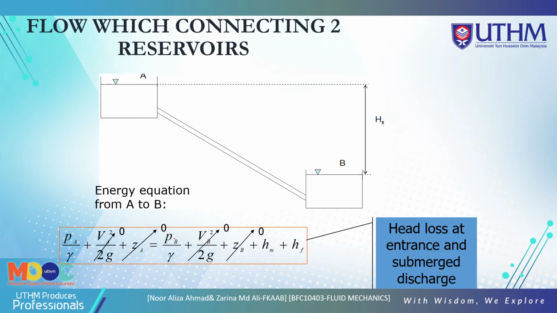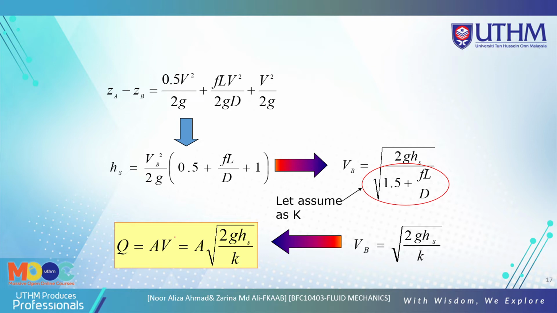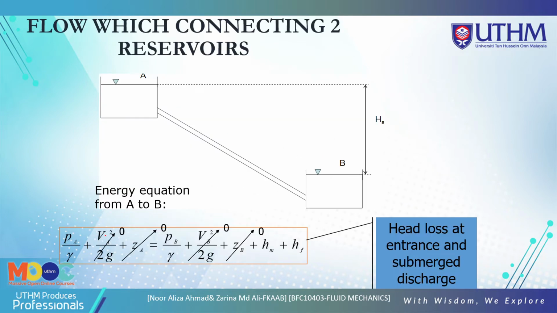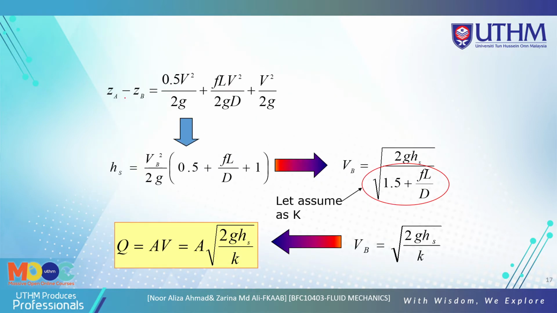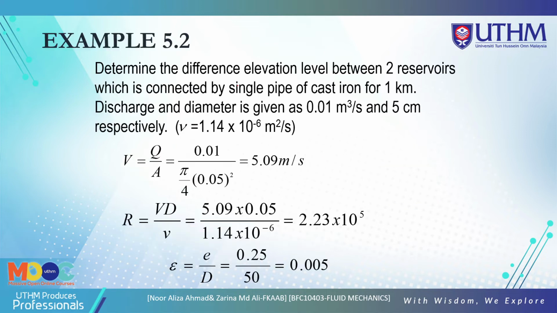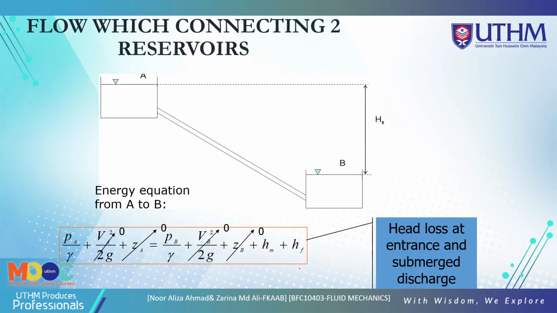So it only has ZA, ZB, and also the HM and the HF here. For the open atmosphere, the pressure is 0, and also PB.